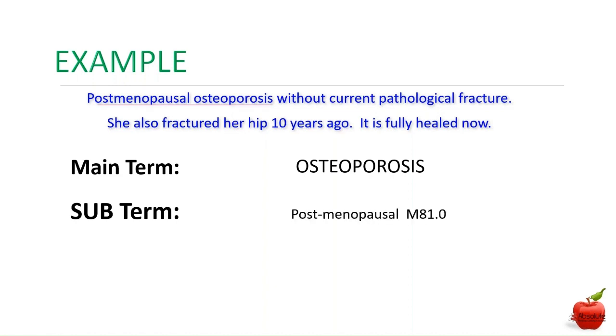Once again, it is going to be postmenopausal, starting with M81.0. And there is another statement which says that she fractured her hip 10 years ago and it is healed now. So are we going to do something extra here? What will be the code?